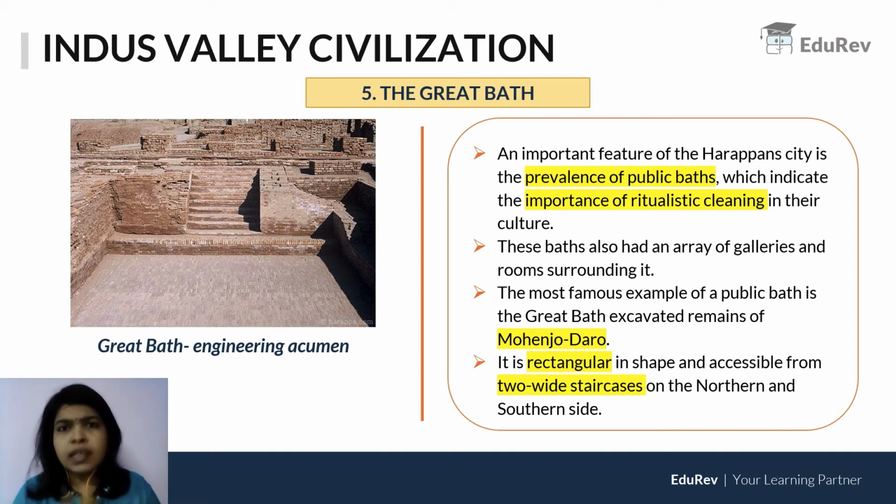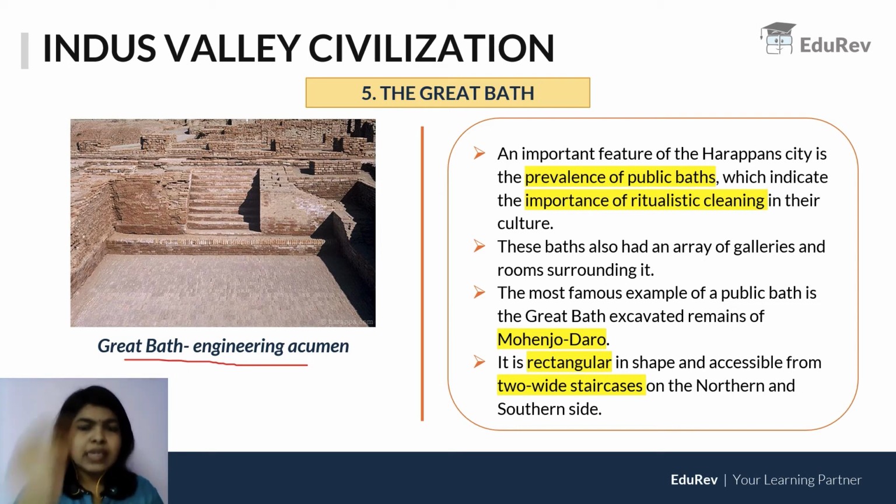Another thing that I meant to mention here is, when you talk about the Great Bath, you have to talk about the engineering acumen. As in, there are absolutely no cracks or leaks found in the Great Bath, which shows the intelligence of the people who constructed such an intelligent bathing system.